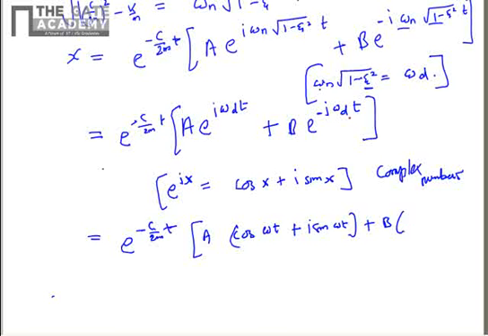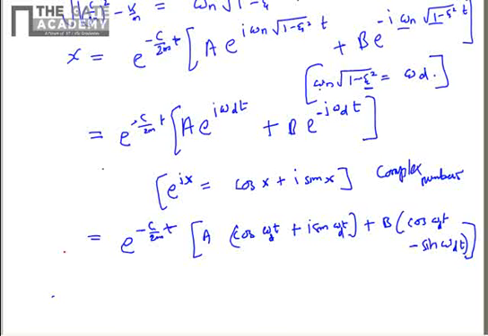Here the exponent is minus omega d t; the cos of minus theta is cos only, and sine of minus theta is minus sine theta, so you get minus sine omega d t.